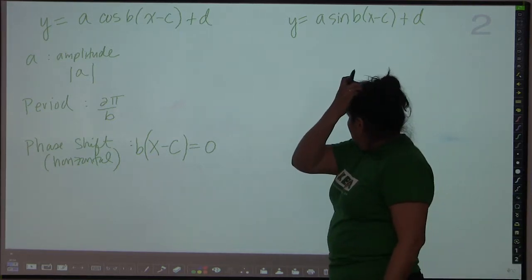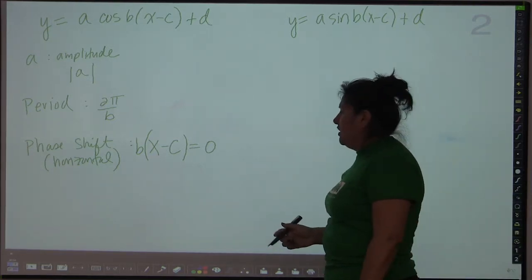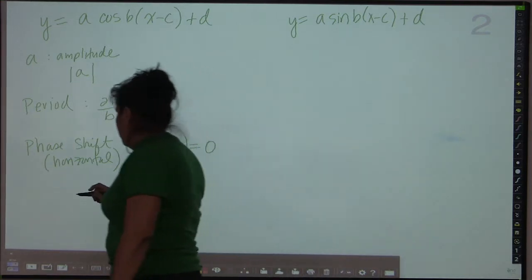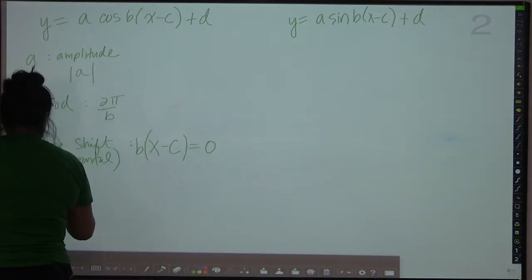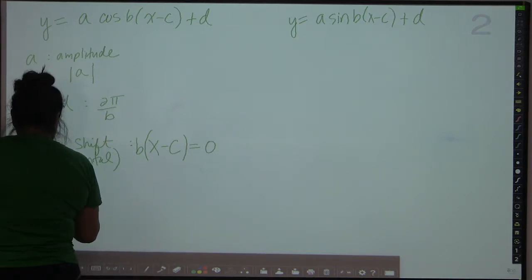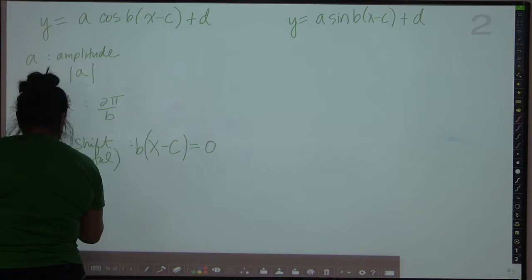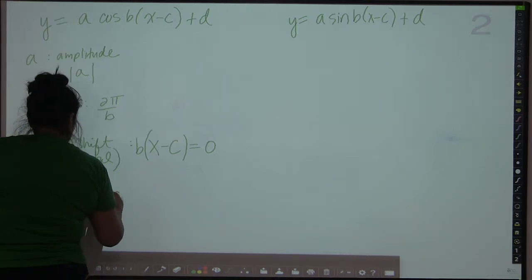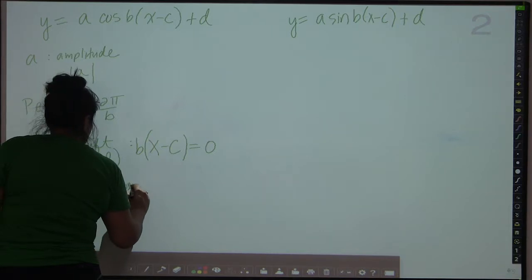So that's how you're going to get your phase shift, which I'll just tell you right now is what I'm going to be calling the left endpoint. I'm going to not abbreviate that for this first time and just call it left endpoint. That's the word that I use. Left endpoint. It's basically going to be where we start.